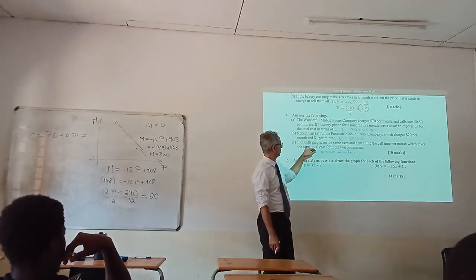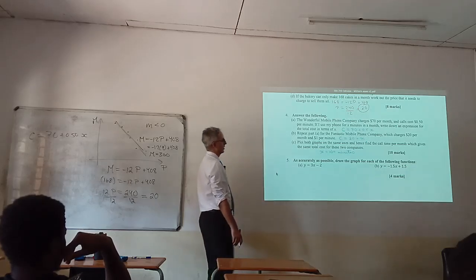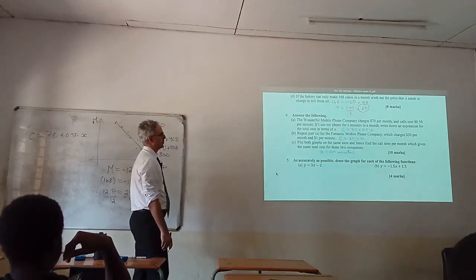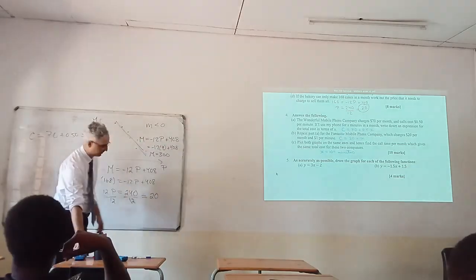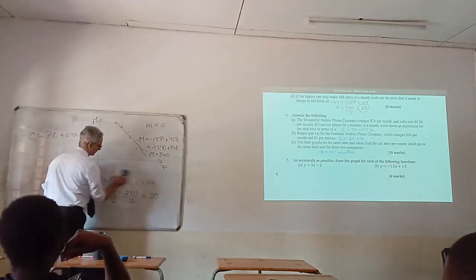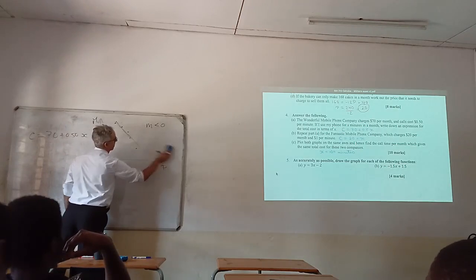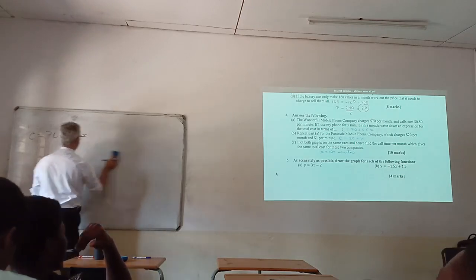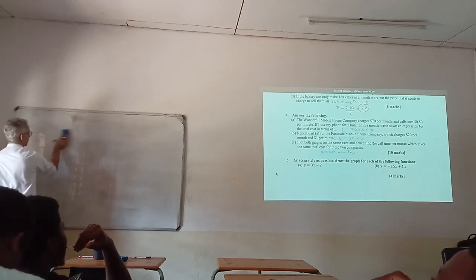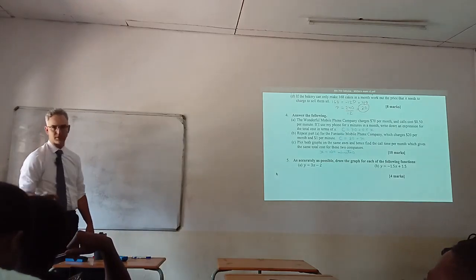And then last, plot both graphs on the same axes, and hence find the call time per month which gives the same total cost for these two companies. So we have to plot. So I think one of the things this exam showed is that you know how to do algebra, but you're not so comfortable with graphing.